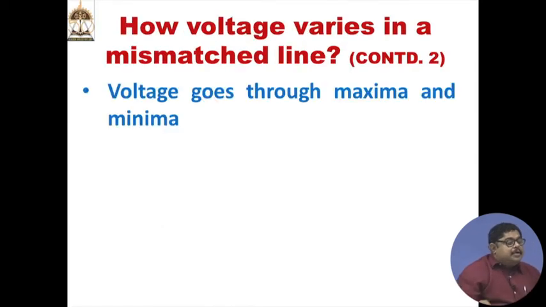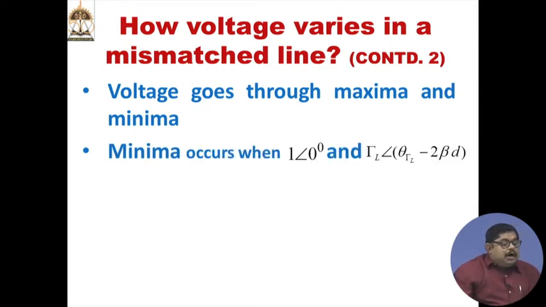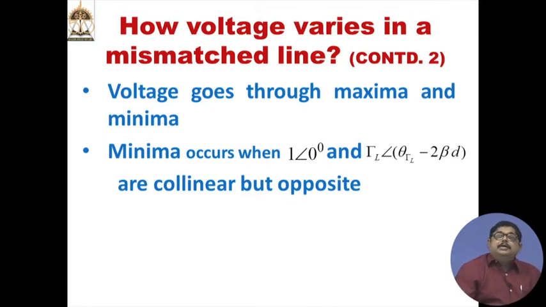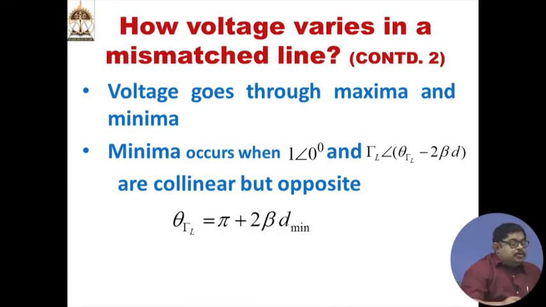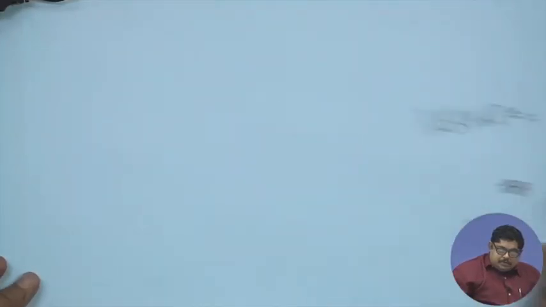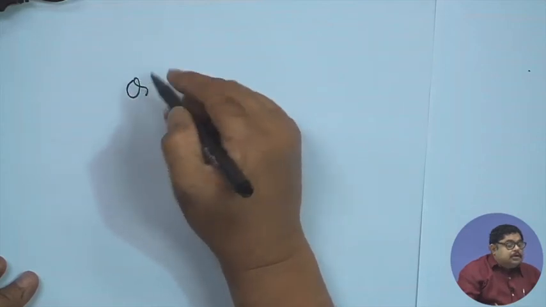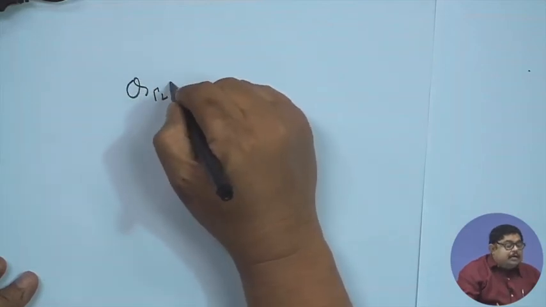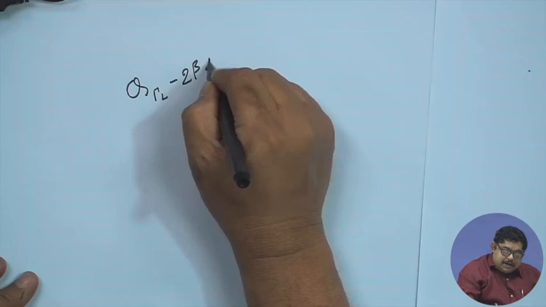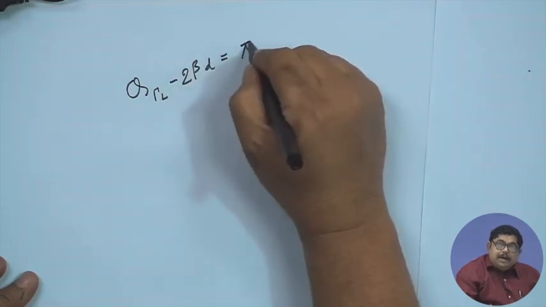So, now we can see that voltage goes to maxima and minima if we move along the line. Minima occurs, as I said, when these two phasors are collinear but opposite. Opposite means theta gamma L minus 2 beta d should have an angle pi.